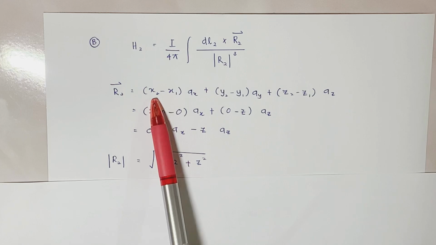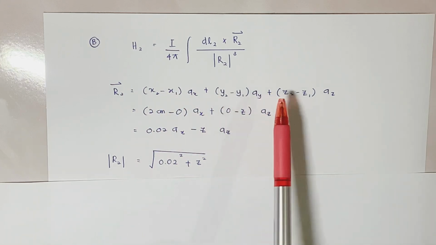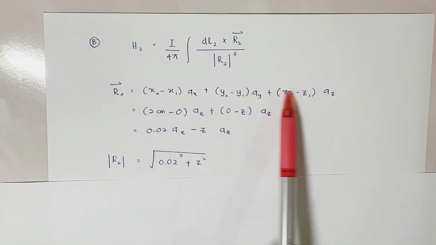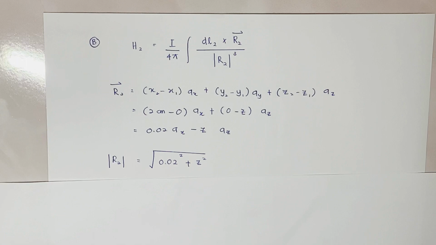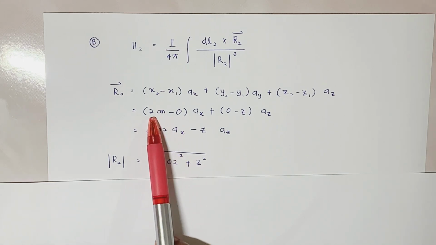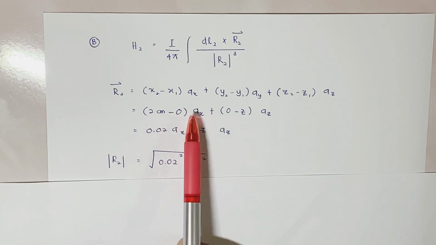The vector r2 is x2 minus x1 ax, plus y2 minus y1 ay, plus z2 minus z1 az. This is the general equation that you need to follow. For x, it is 2 cm minus 0, ax.